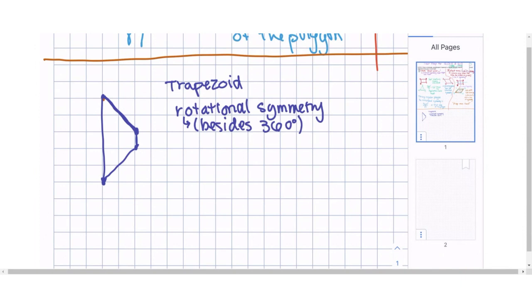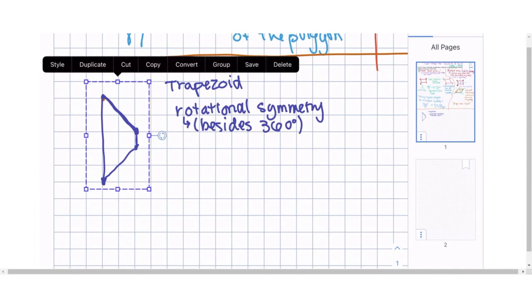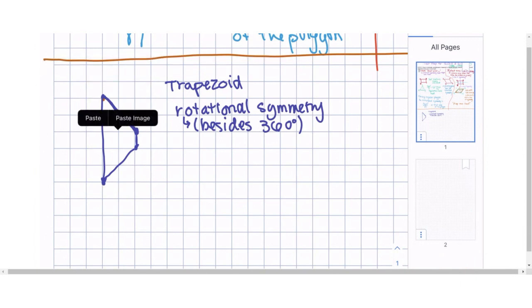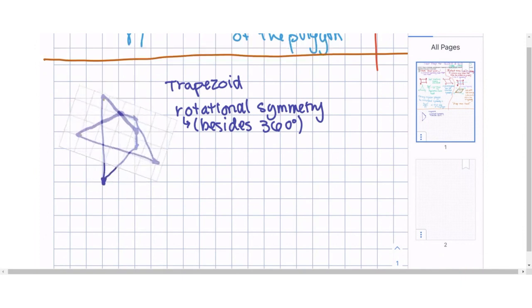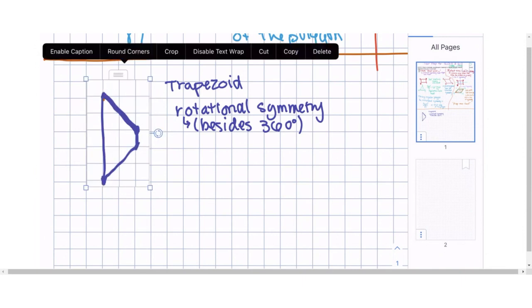In other words, can I take my weird thing and rotate this? Wait a minute. Hold on. Copy, paste. Line it up. Is there a way I can rotate this where it would be exactly the same thing? Anything less than 360 degrees.